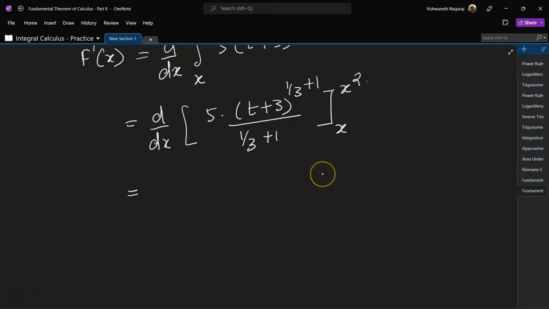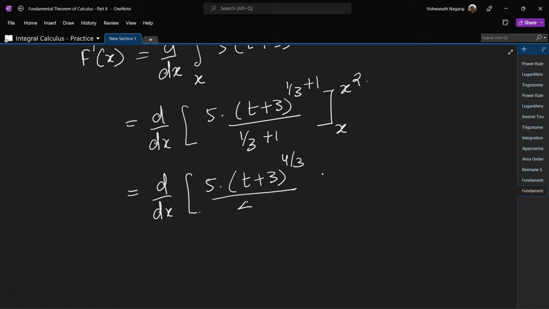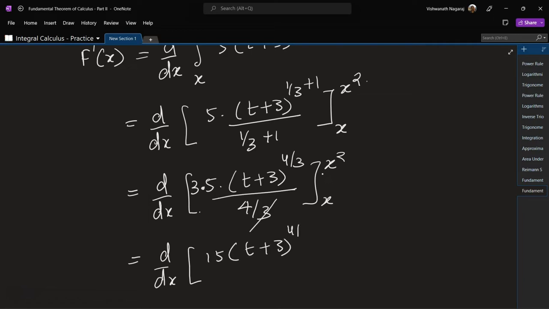Okay, now d by dx of 5 times t plus 3 to the power of 4 by 3, divided by 4 by 3. This 3 we can take up. So we end up with d by dx of 15 times t plus 3 to the power of 4 by 3, divided by 4, from x to x square.